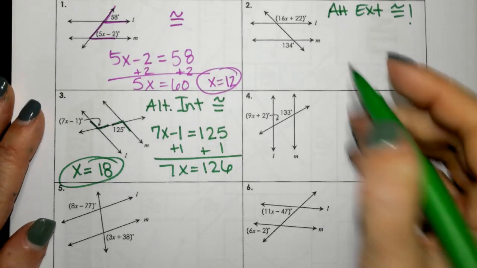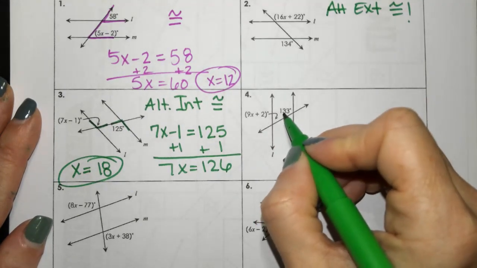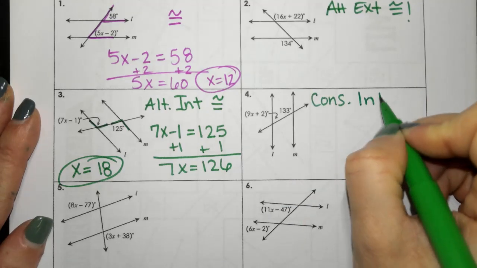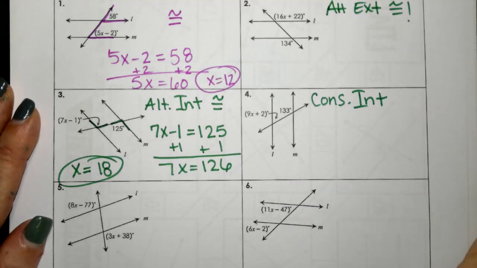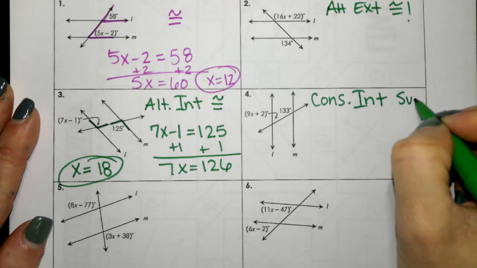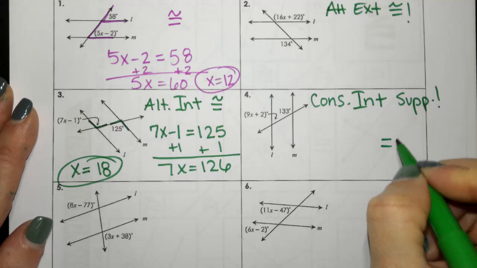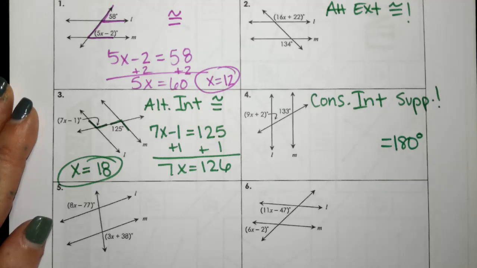Here we have same side, so consecutive interior. These are not congruent. These are supplementary. So we need to set them equal to 180.